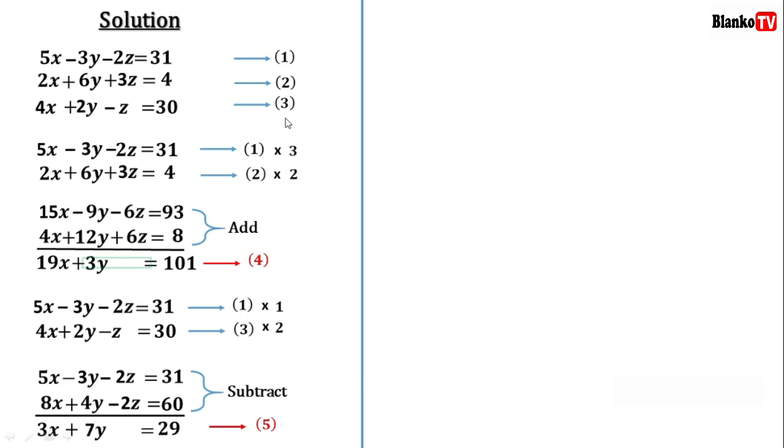So let's take equation 4 and then equation 5, and then we solve for x and y. So we have 19x plus 3y equals 101, which is equation 4, and then 3x plus 7y equals 29, which is equation 5.